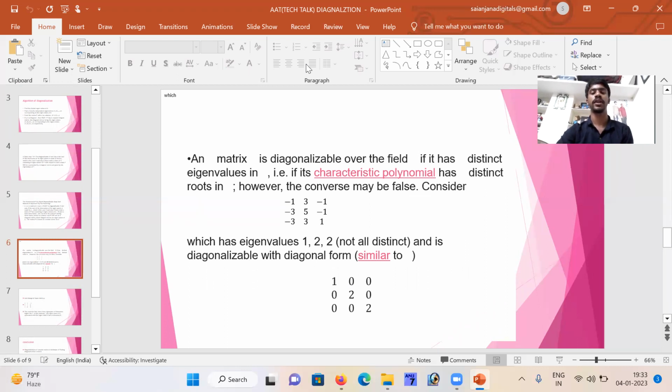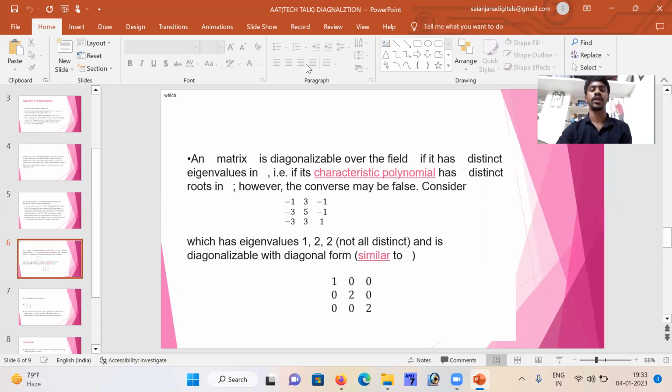Consider the matrix [-1, 3, -1; -3, 5, -1; -3, 3, 1], which has eigenvalues. If we solve this matrix, we get the eigenvalues 1, 2, 2, where not all are distinct.